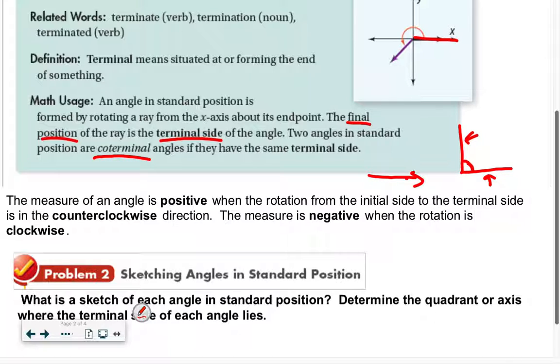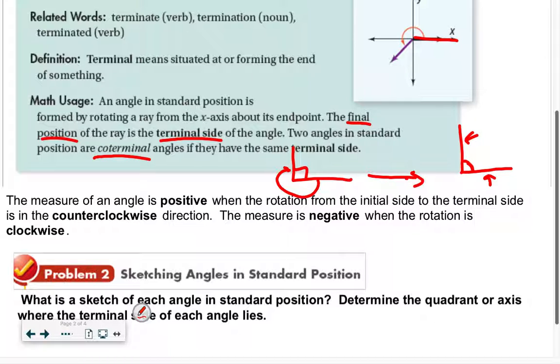Or like if I said, here's 90 degrees, I could also call this negative 270 degrees. I end up at the same place. So coterminal just means it's the same angle, just a different way of naming it. Like I said, add or subtract 360.